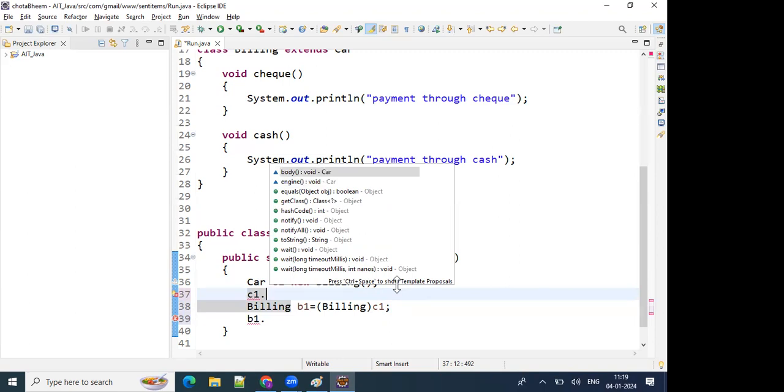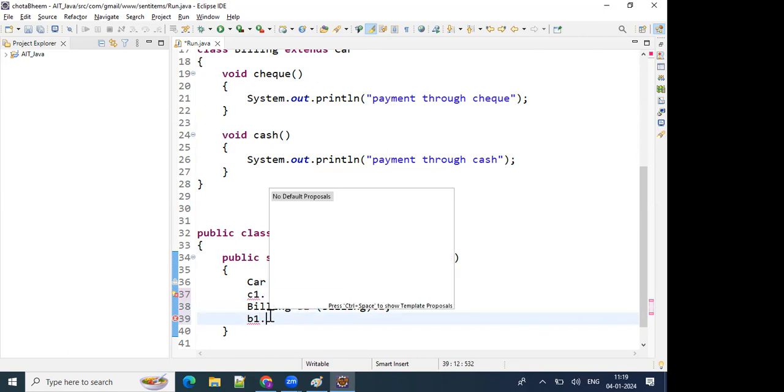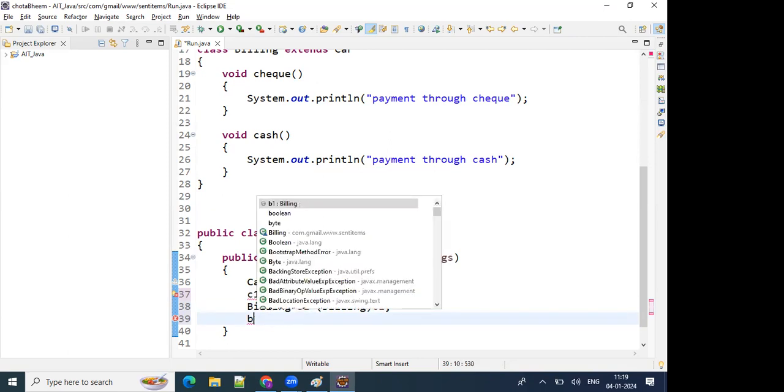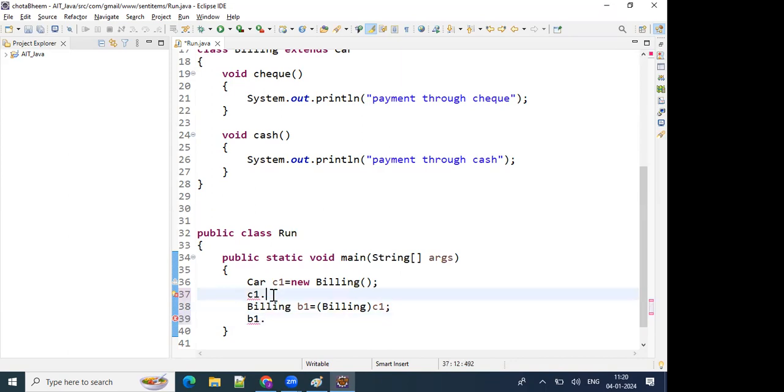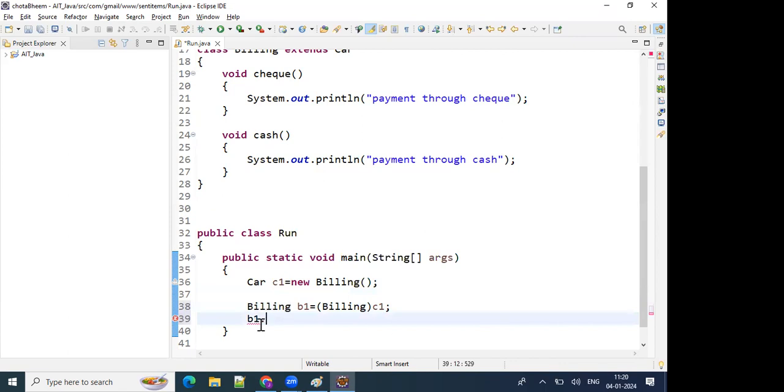There is no option of payment. But when you did downcasting, you can see all the methods. Okay, that is the difference. Make a note. Write this only.